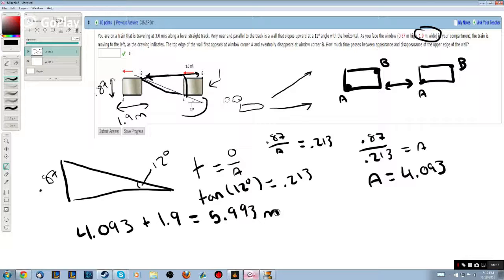But that doesn't tell us how many seconds it's going to take. But from here, it's fairly easy because we're traveling at 3 meters per second.